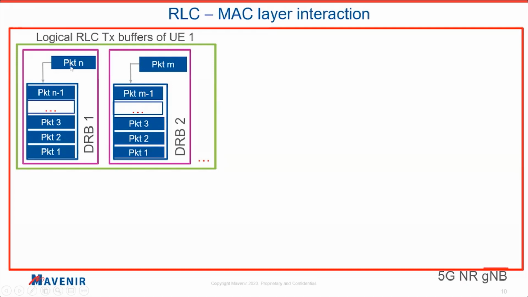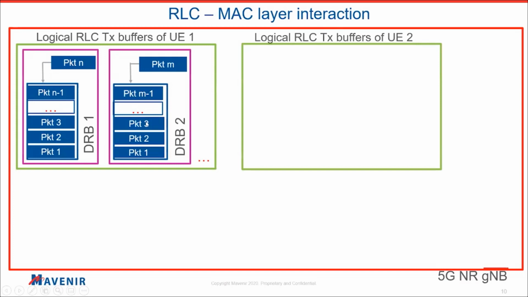And now look at the way the packets, or IP packets or PDUs, are getting queued up or buffered in the logical buffers pertaining to the data radio bearers of user 1. So there is a logical buffer for DRB1, you see packets here. There's a logical buffer for DRB2, you're also seeing packets here.